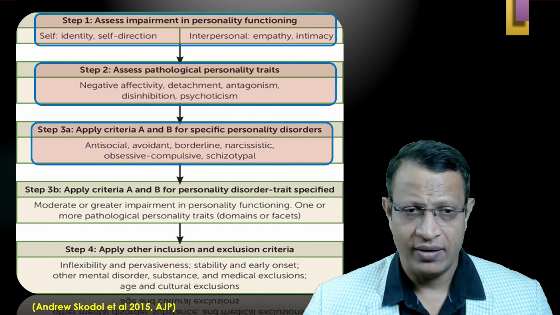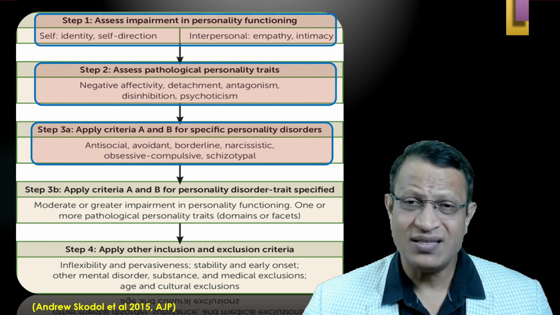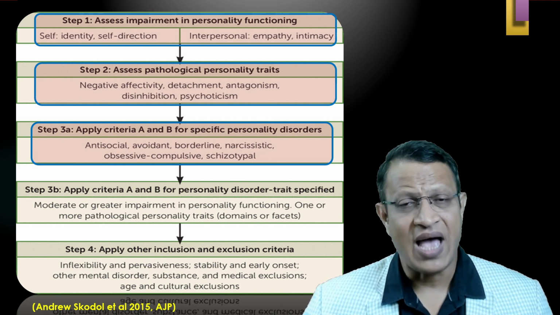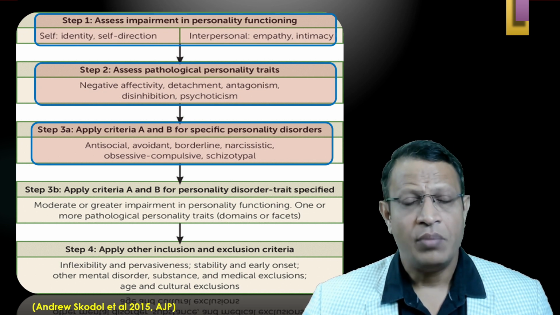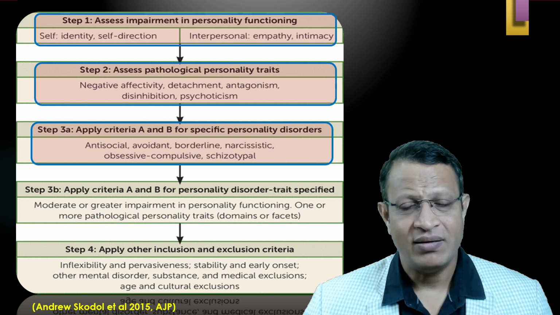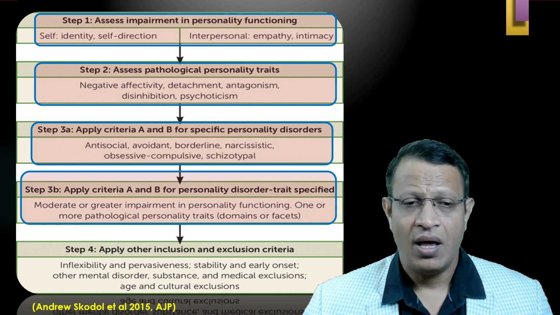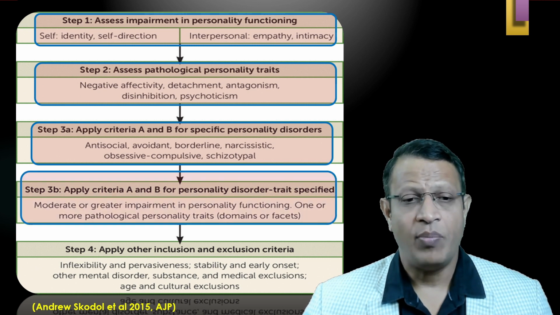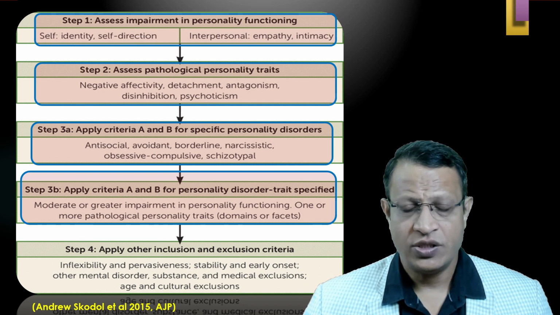they are interacting. Further, in step 3A, apply criteria A and B and try to see whether they have a classical categorical approach, such as antisocial personality disorder, avoidant personality disorder, borderline personality disorder, narcissistic, and OCPD, and finally schizotypal personality disorder. And finally, you have step 3B, where you apply criteria A and B for personality disorder trait specified.